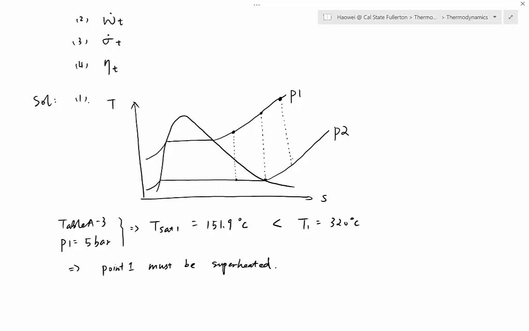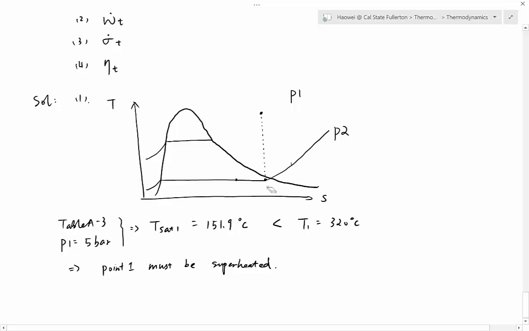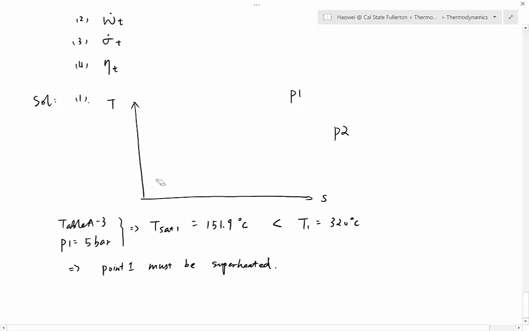So what we need to do is delete this line and delete this one. Okay, let me just sketch this diagram again.